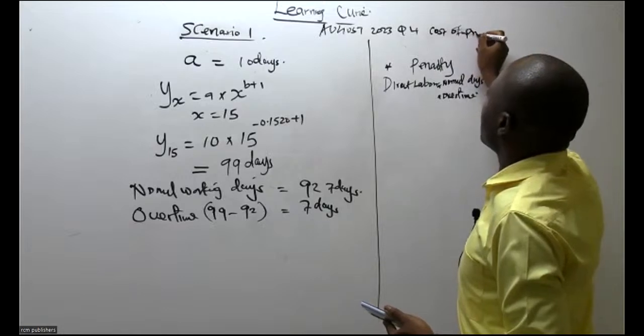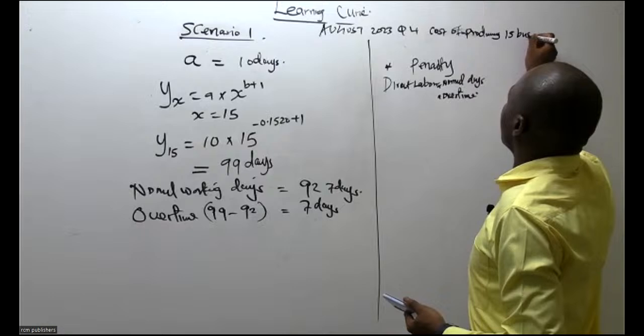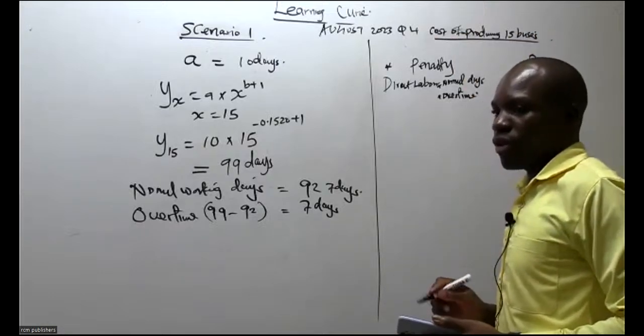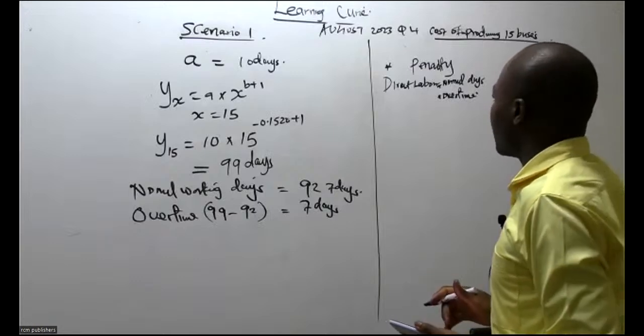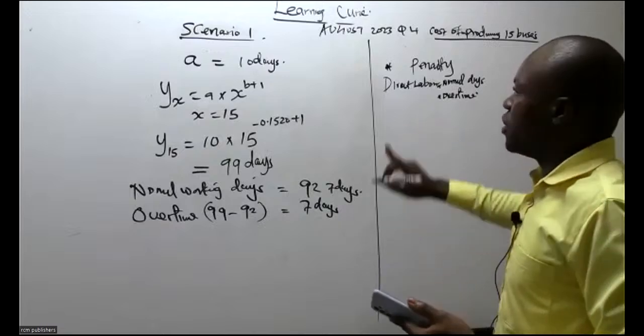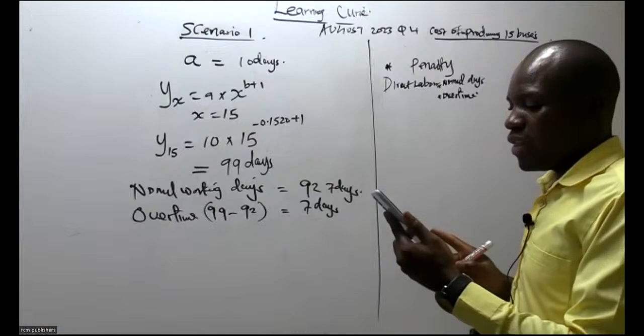of producing 15 buses. They have decided to produce all of them within the time allowed. So the penalty will be 0 because no bus will be pending. Why are they giving us that?